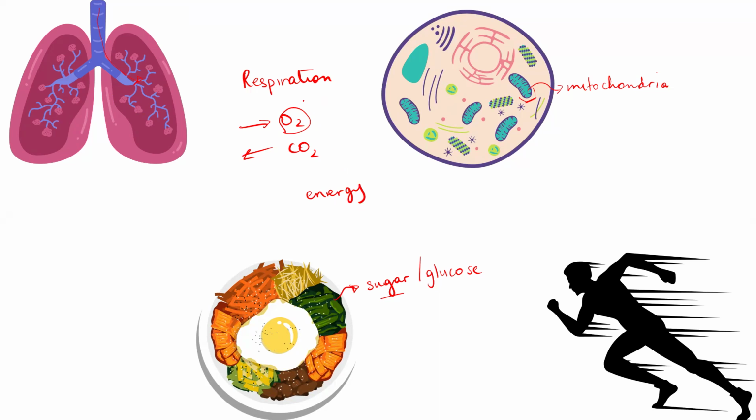If we were to put that in one full sentence, respiration is the process by which living organisms take in oxygen, give off carbon dioxide, as well as utilize the sugars from the food that they eat to make energy, which is required for everything, whether it's as simple as blinking, clicking your finger, running, even while we're sleeping, we're using that energy.